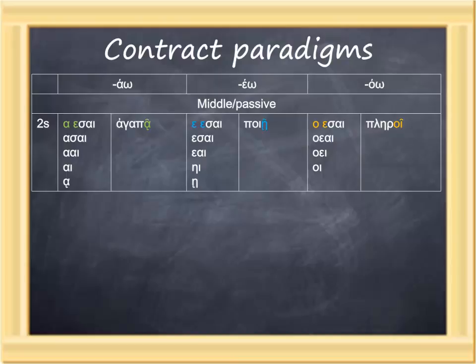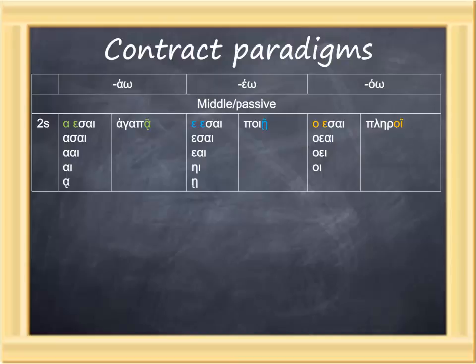Alpha with iota subscript, eta with iota subscript, or omicron iota. Those contractions are illustrated here. The important point to note is the end result.